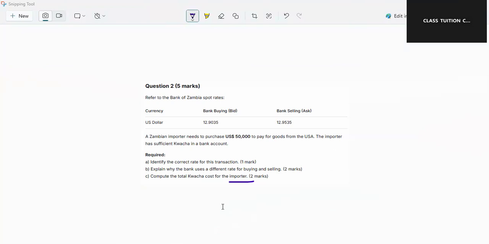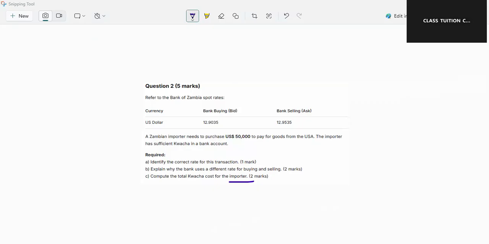So the first part, can somebody try? The first part will be the selling rate, since this Zambian importer needs to purchase $50,000.